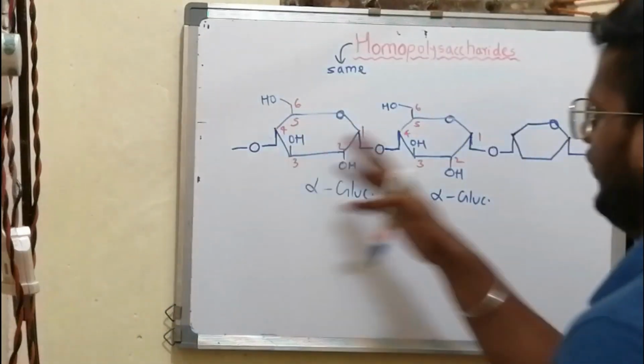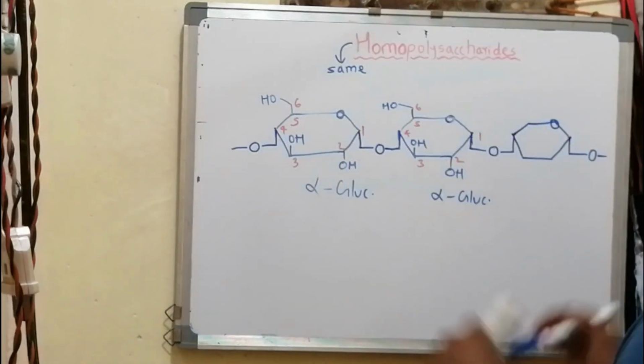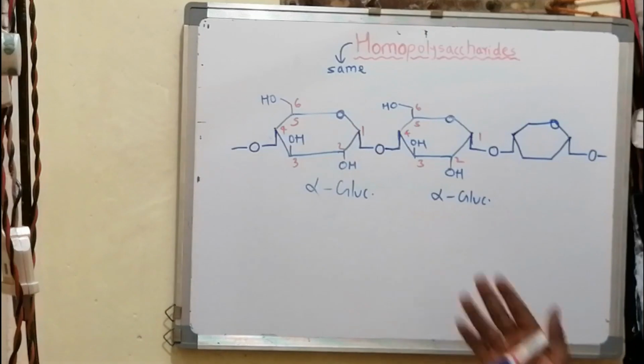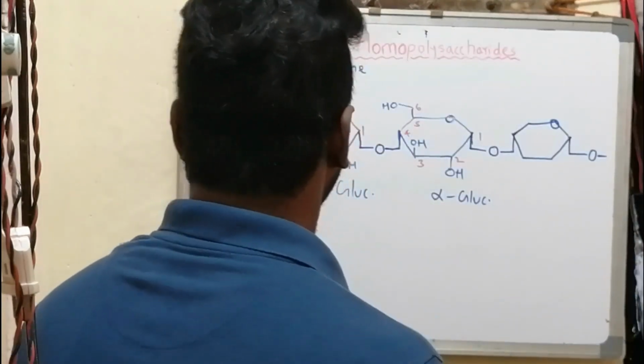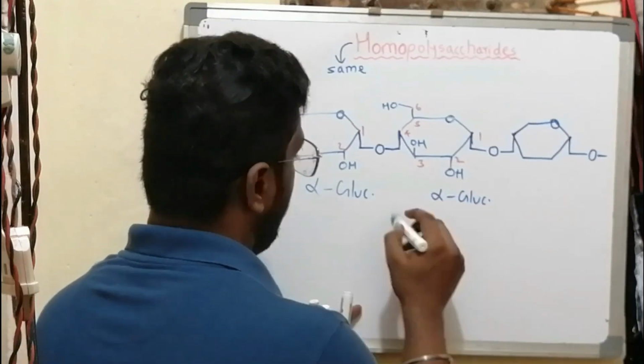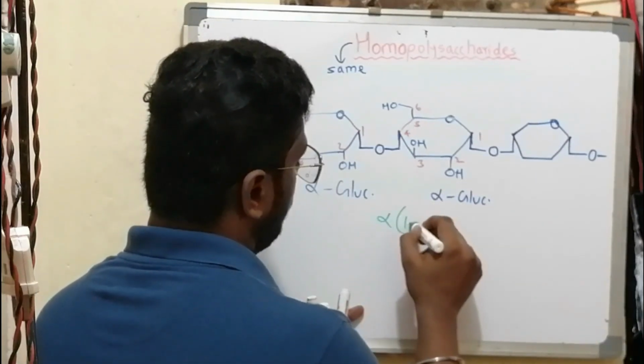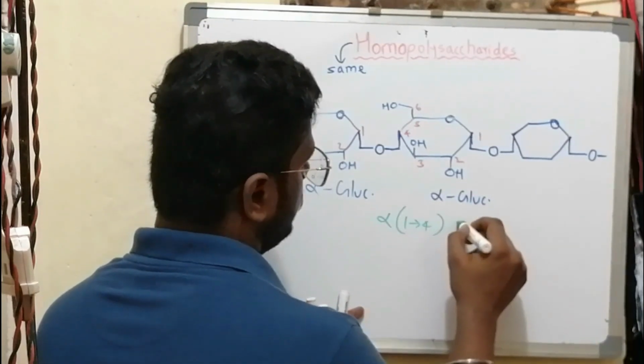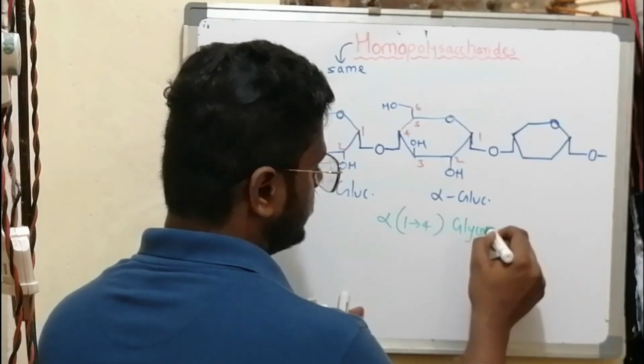So here entirely we are having a polysaccharide of glucose, alpha glucose. But this type of linkage will be an alpha 1,4 glycosidic linkage.